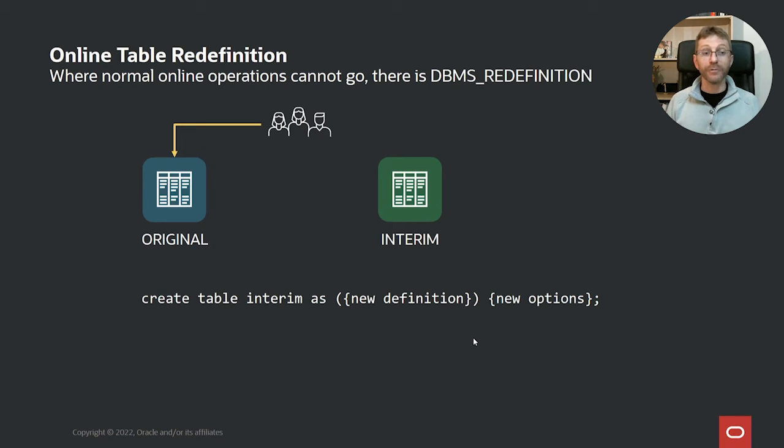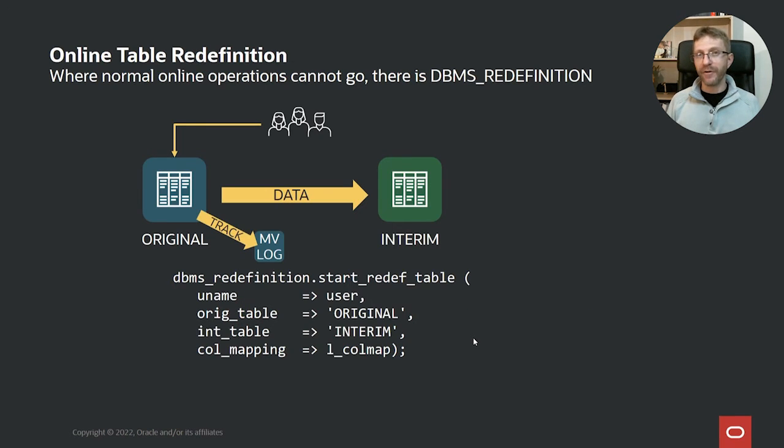So, dropping a column in this case, because it's an offline operation normally. So we create the new interim table that will not contain the column that we want to drop. And this table must be completely empty. Then we start the redefinition, and the start of the redefinition will do two things.